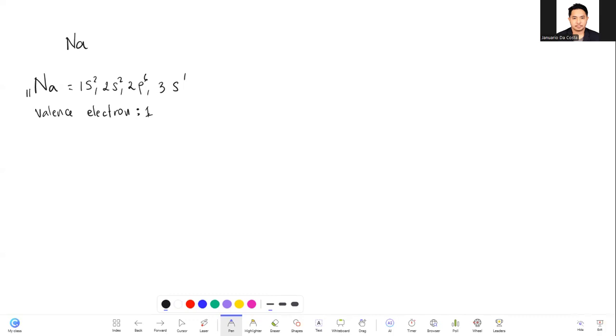To reach an octet, which is easier: receive 7 or give out 1 electron? Give out 1 electron. When you lose an electron, is that a cation or an anion? Cation, which is a positive charge. So you have a positive sodium over here.